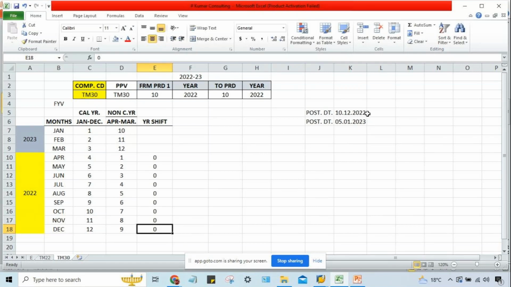So 2022 plus 0 equals 22 only, so the year is going to be 22. That is correct. When we have entered January, like 5th of January 2023, the year shift is going to be -1 for these three periods. Okay, for these three periods.